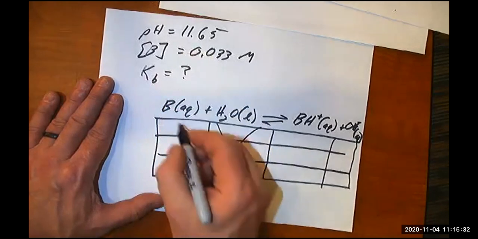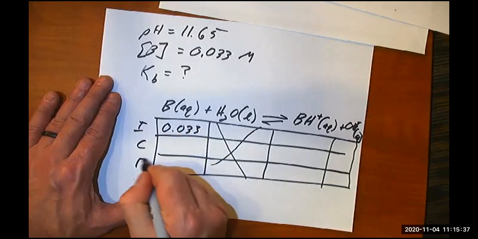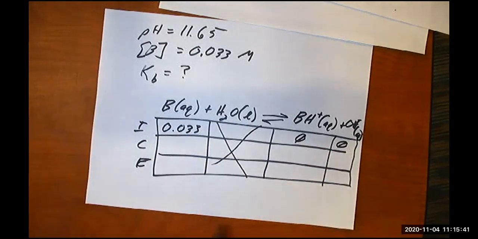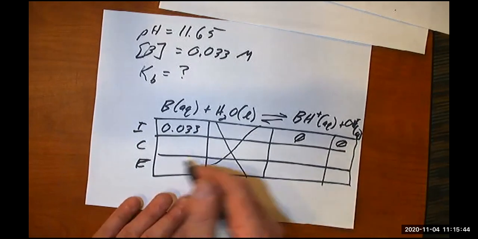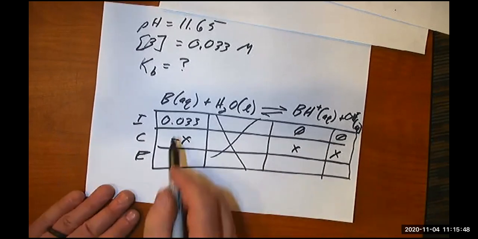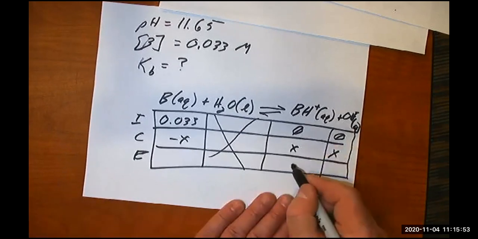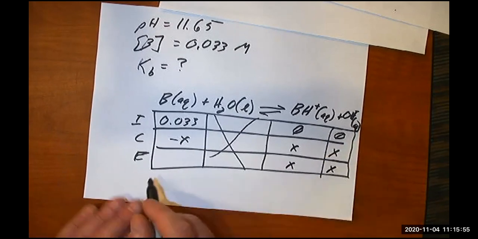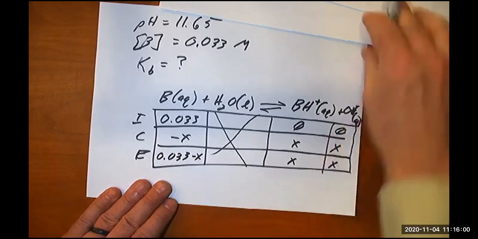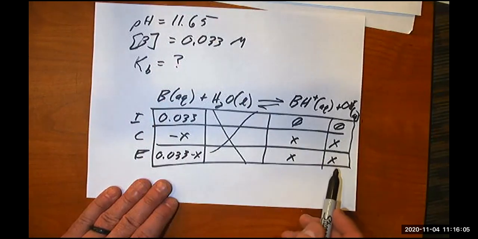Okay. We have an initial concentration of 0.033, 0, 0, and minus x, x, x. We don't yet know if this is going to be negligible, but notice here that we end up with x's in these places. So 0.033 minus x. What we can do now is take our pH and determine what our OH concentration is.